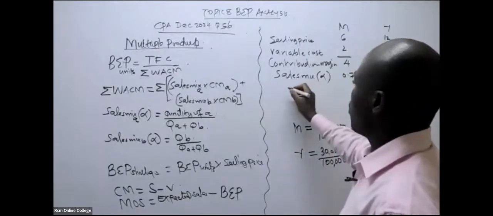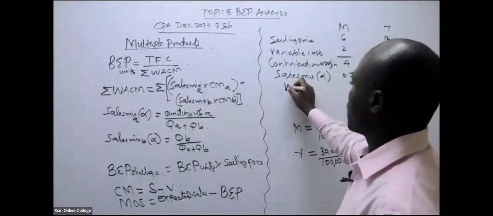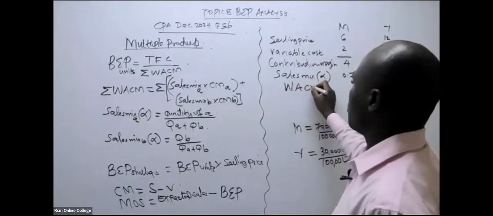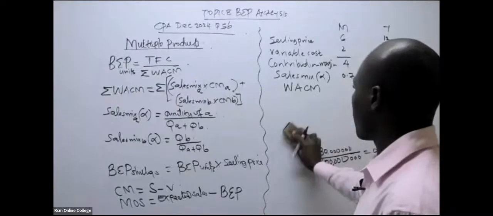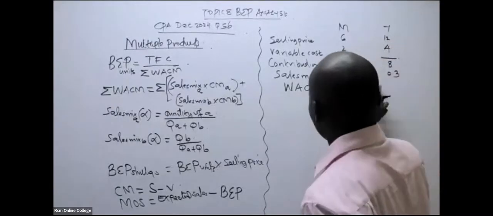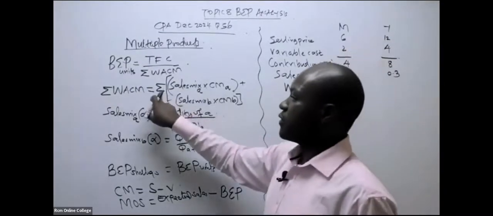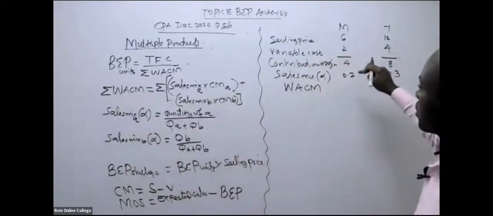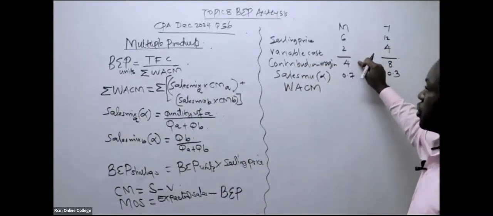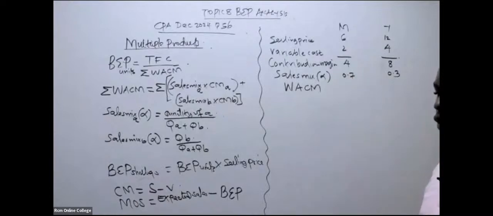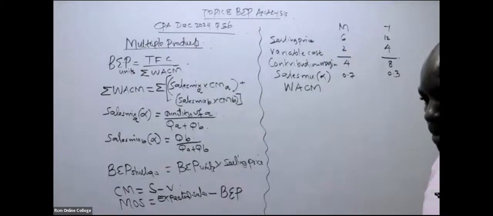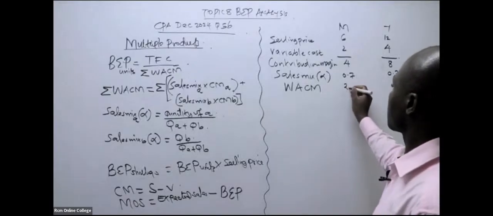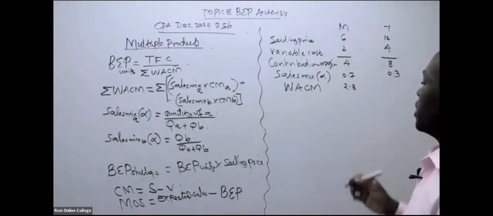So let's go ahead and get what we call weighted average contribution margin. If I remove the element of summation, then of course I'll be having contribution margin times sales mix ratio. So what do we have for product M? 2.8.